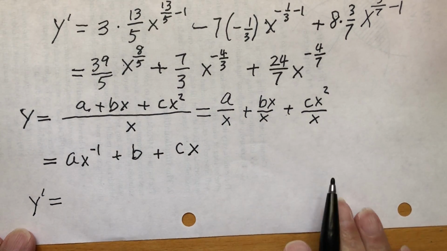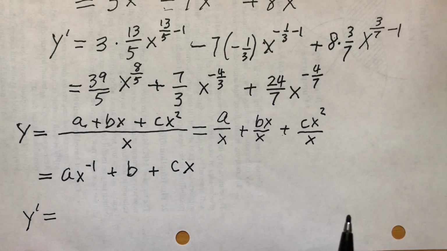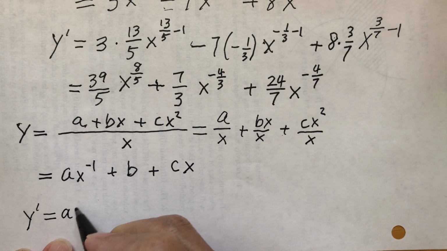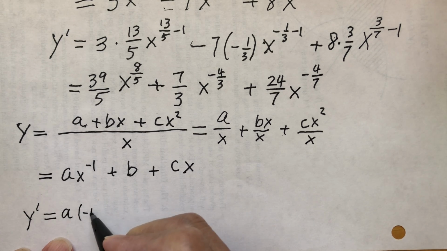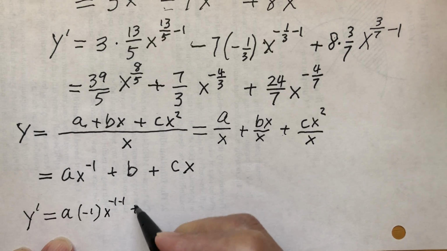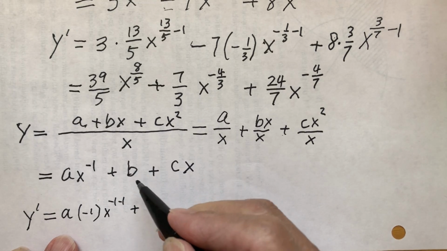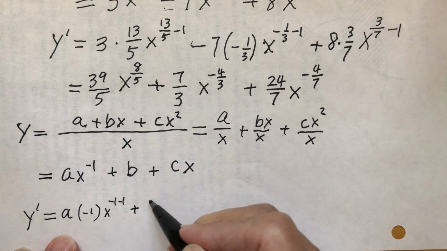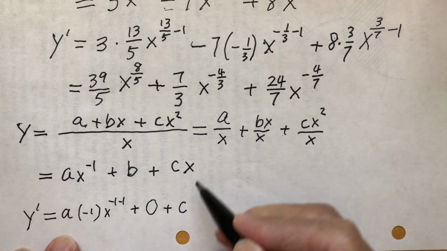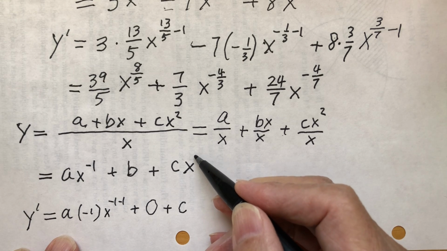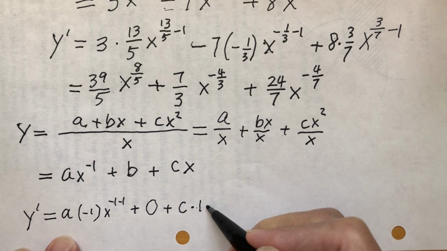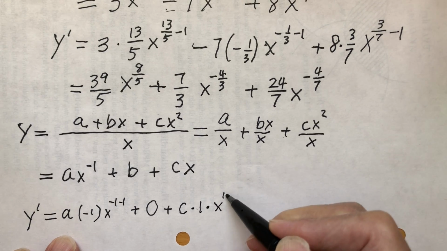What is the derivative now? Constant multiple rule. Remember, this is a constant. The derivative of a constant is 0. And then c. Remember, this is just 1. The exponent is 1. So c times 1 times x to the power 1 minus 1.